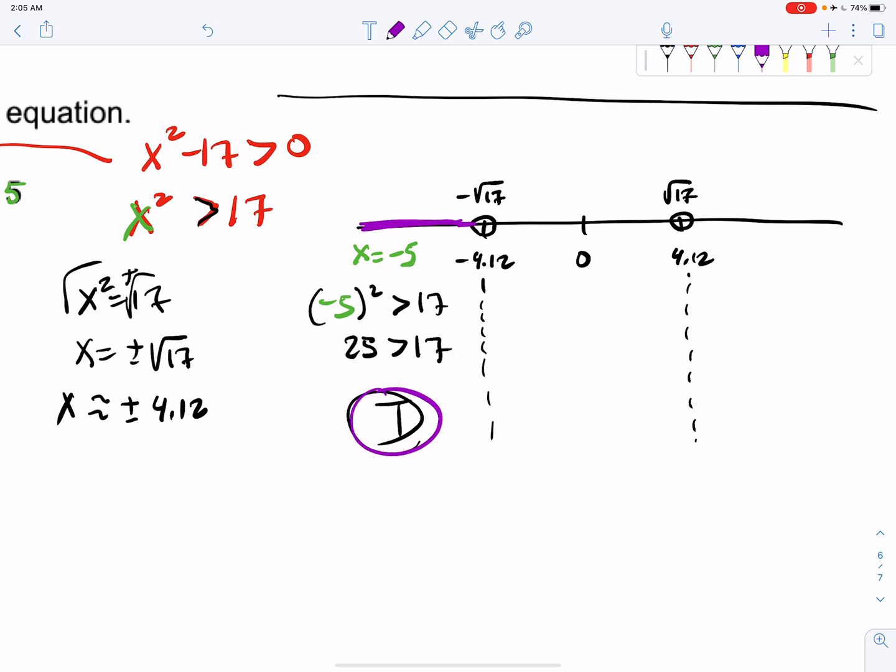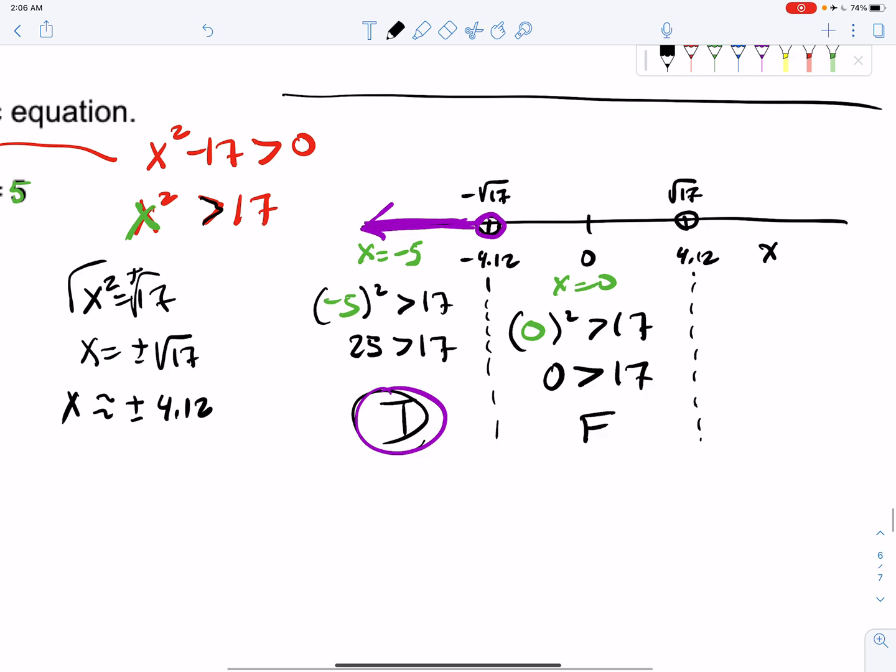So we will shade that part of the graph and say my domain is going to be in this region. So let's continue. What about 0? Does 0 work? We put 0 into that inequality. So I get 0 squared is greater than 17. Is 0 greater than 17? False. Now we don't have to shade that.